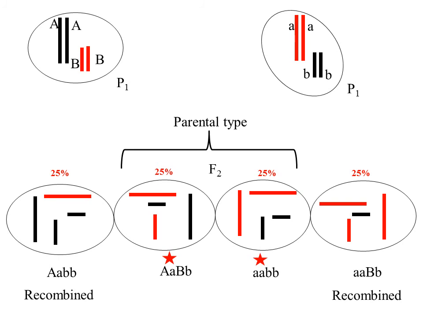This image shows you that in the original cross we have a parent type that is homozygous dominant for both genes, and we're going to cross that with one that is homozygous recessive for both genes. The offspring that we received are 1 to 1 to 1 to 1 ratio. 50% of them are the parental types, and 50% are recombined types.